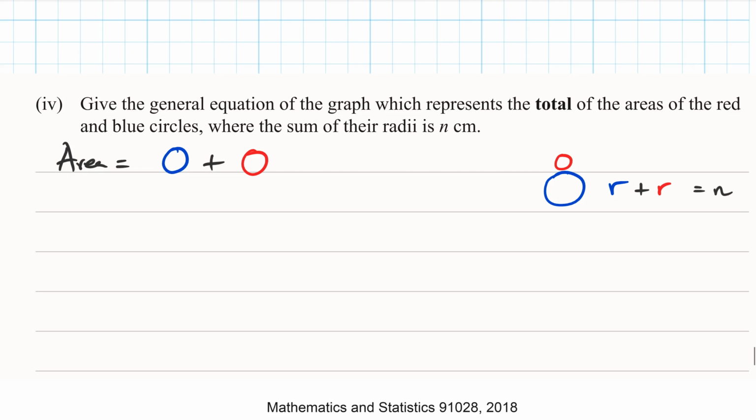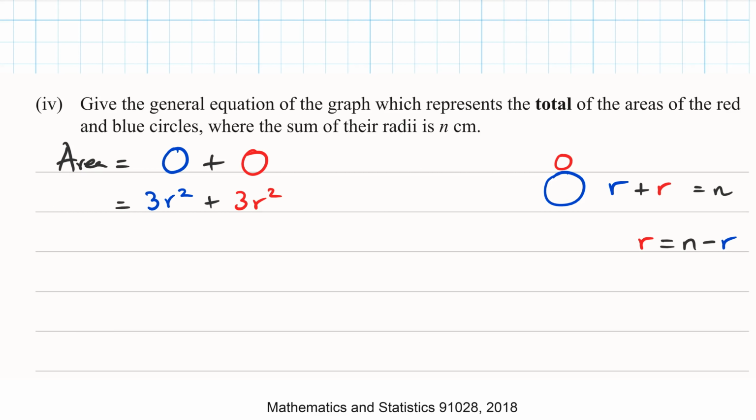So when I go into this area function, I've got the blue circle, so that's going to be pi, well not pi r squared because she's actually using 3. So 3 times r squared plus the red one, which is 3 times r squared. But here's the thing though, the red r could be written as n minus the blue r.